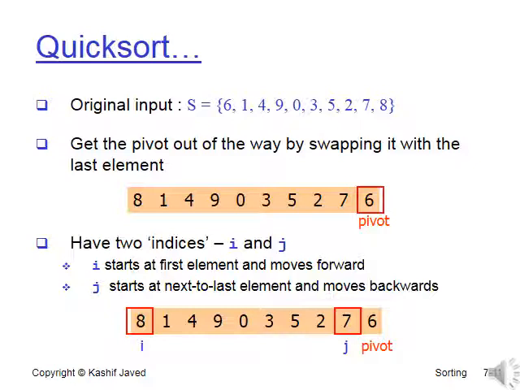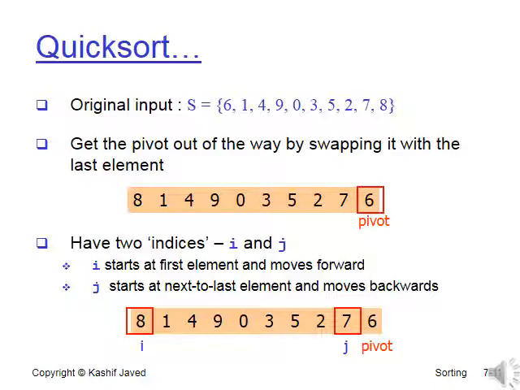Once we have our pivot, we take the original array input, and the first thing we do is take the pivot out of the way by swapping it with the last element, such that numbers 8 and 6 get their positions swapped.